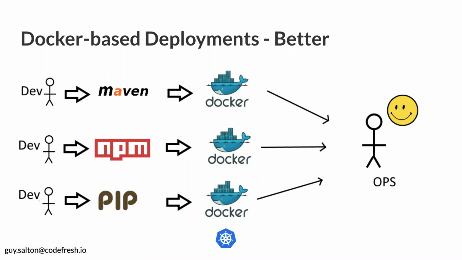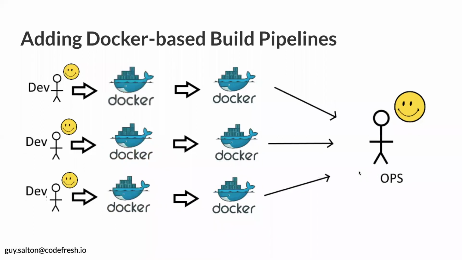They just need to know Docker. So they have a common language between them, and they just need to know how to deploy Docker images. They don't really care about what programming languages are inside the image. So using Docker as deployment artifacts makes the job of the operators much easier.